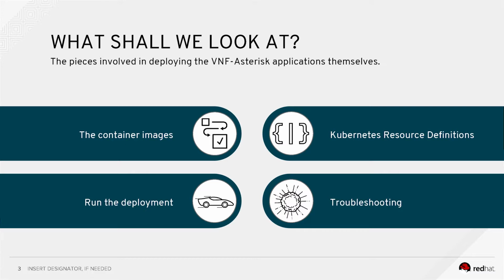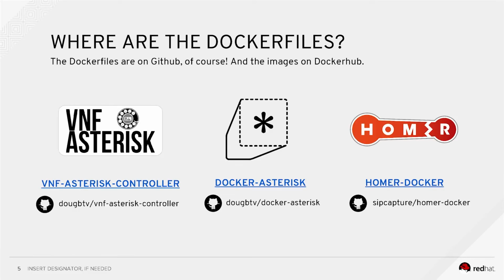So let's take a look at the Docker images. As I mentioned a little bit earlier, all of these images are available publicly, and the Dockerfiles to create those images are also available publicly. A Dockerfile is how you specify what pieces are going to appear to be on disk to those processes running in containers.